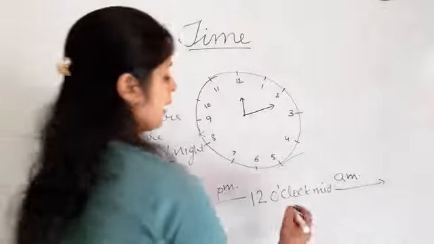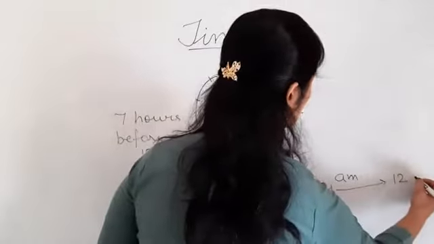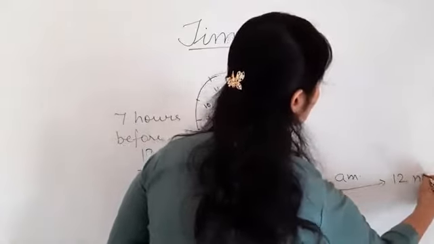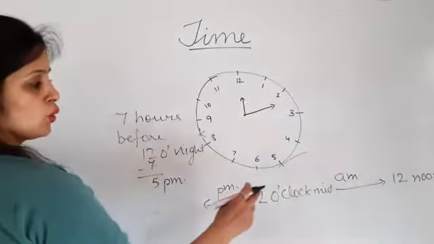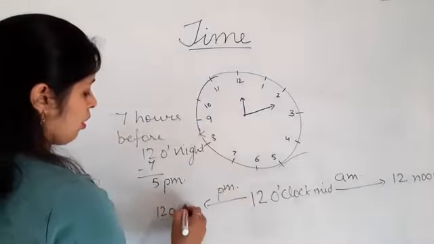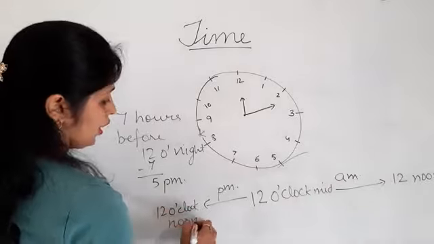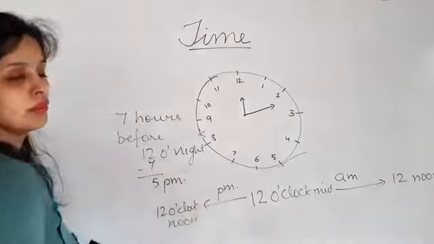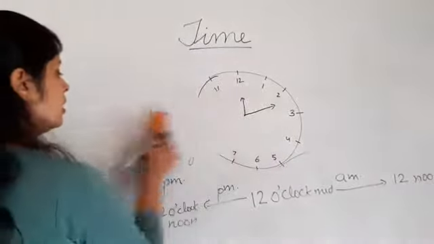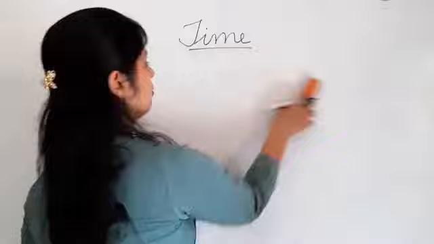And from 12 o'clock midnight to 12 o'clock noon we are counting AM, and then 12 o'clock noon to 12 o'clock midnight we are counting PM. I hope this is clear to all. So I think you can find out the time.